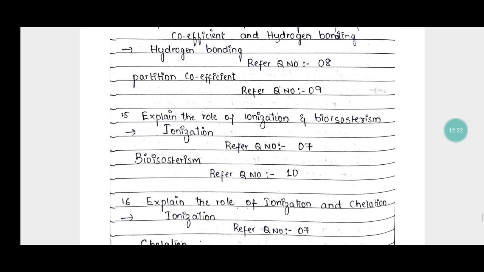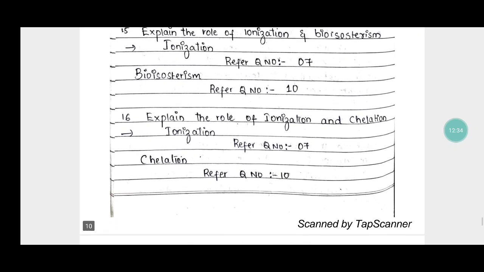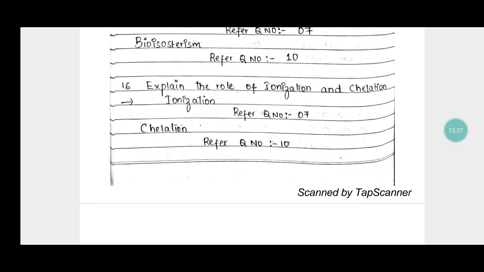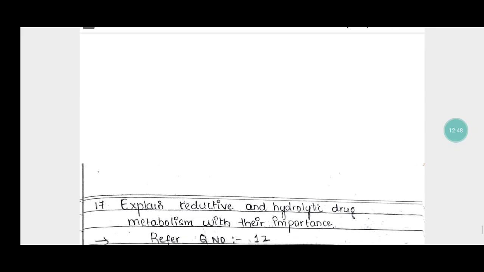Question number 15, explain the role of ionization and bioisosterism. For the answer, refer question number 7, and for bioisosterism, refer question number 10. Question number 16, explain the role of ionization and chelation. So ionization, refer question number 7, and chelation, refer question number 10.